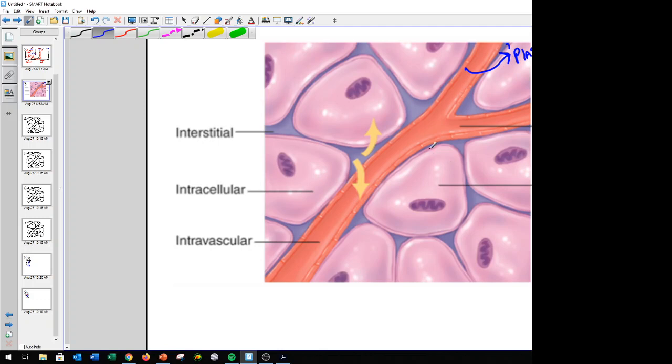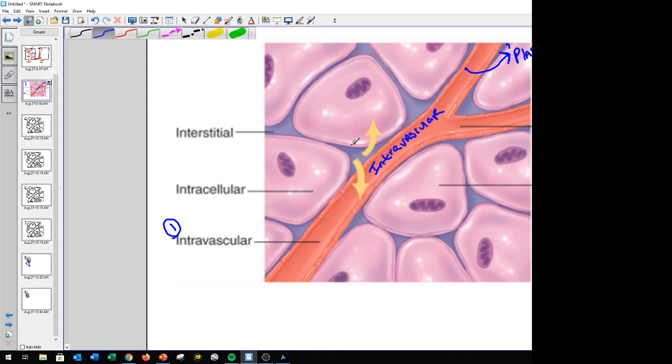And so this right here is your intravascular. Intravascular. Okay, that is one compartment. That's your first compartment.